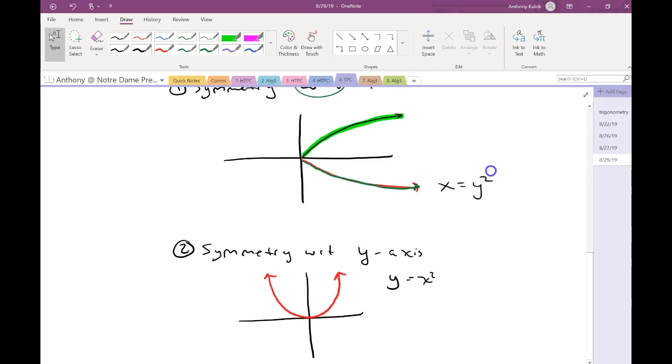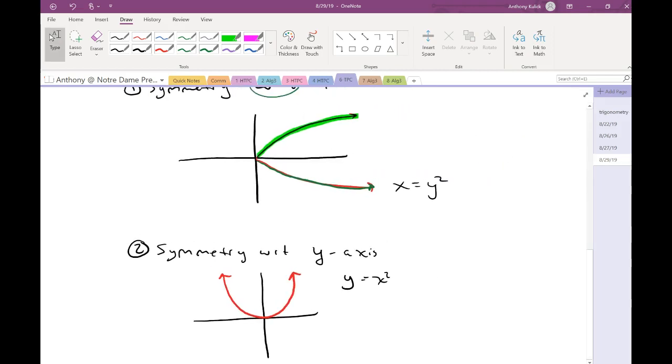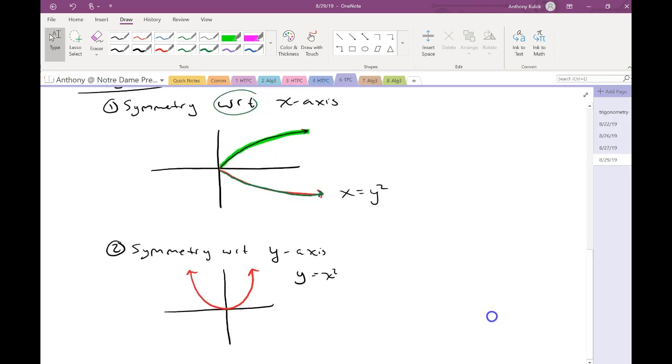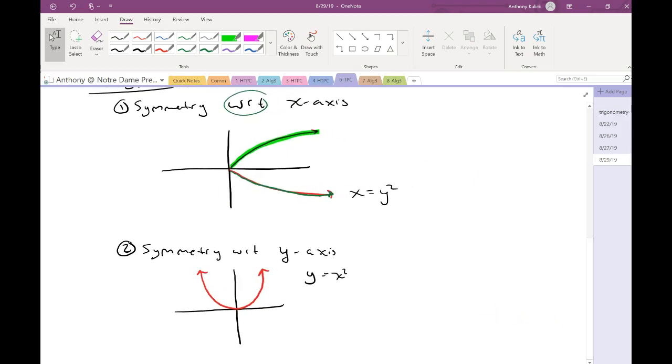If we compare the graphs here that are symmetric about the x-axis and symmetric about the y-axis, do you notice anything about one versus the other? Think about the things we've already talked about.